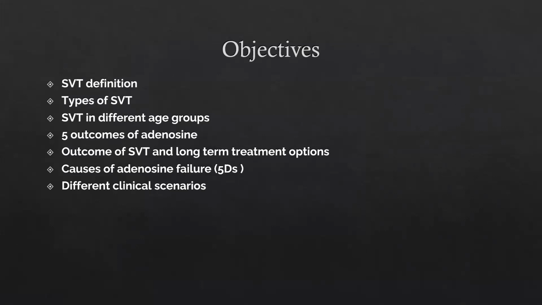I will also speak about the types of SVT and the presentation in different age groups, the outcomes of adenosine, and things to think about when adenosine fails, plus how you manage if you are not anticipating them. What I call the 5Ds, with different clinical scenarios based on true cases.